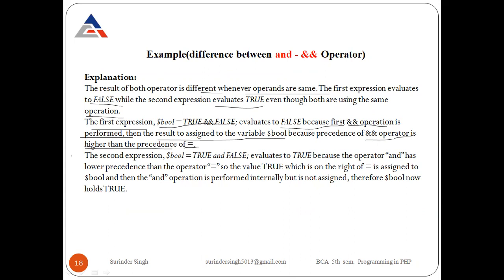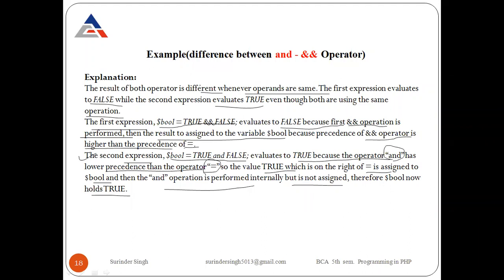In the second expression, bool evaluates to true because the operator AND has lower precedence than the assignment operator. So the value true, which is on the right side of the assignment, is assigned to bool, and then the AND operation is performed internally but is not assigned. Therefore, bool now has the value true.